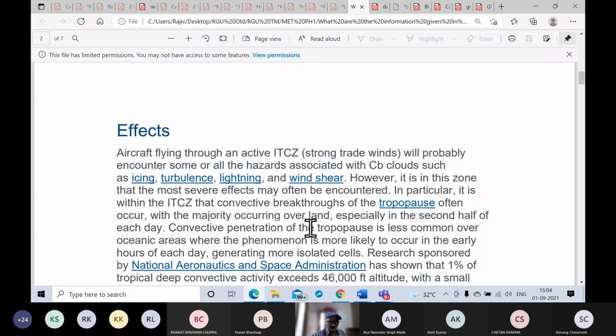ITCZ has an implication for aircraft also, although not really connected with us. But just to get the meteorology part, hazards are associated with cumulonimbus clouds, which can result in icing, turbulence, lightning, and wind shear.